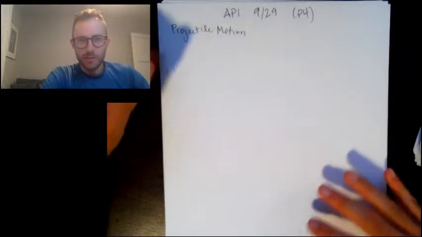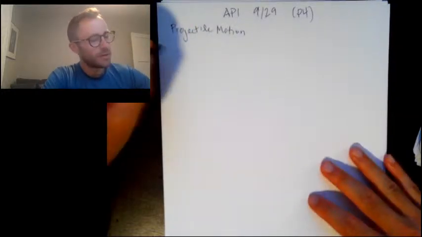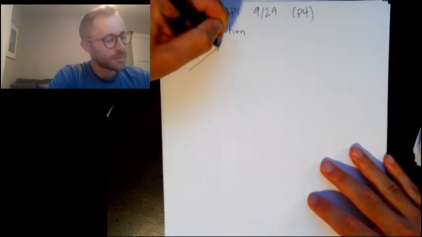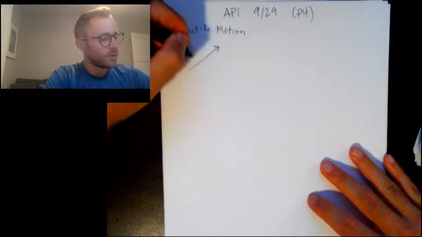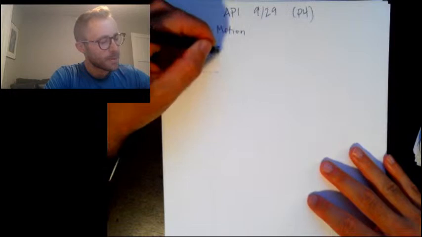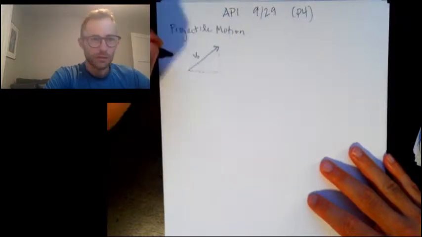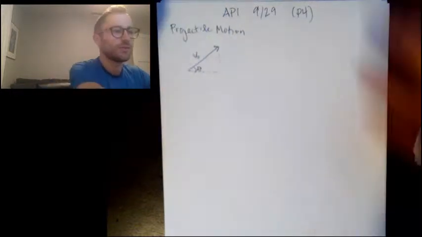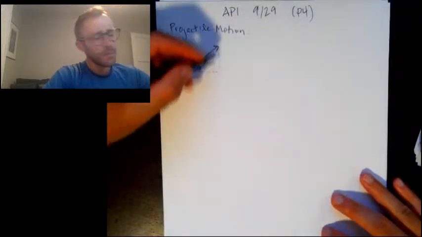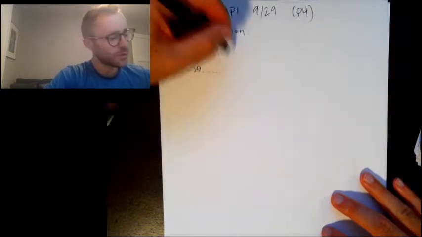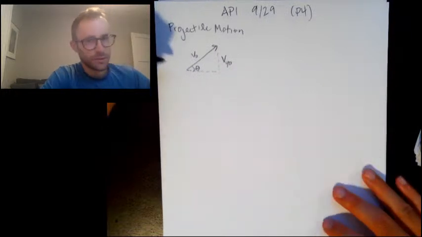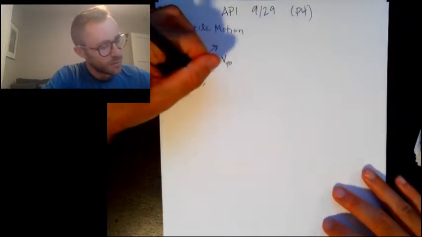We talked about how if you have a projectile that's launched at a certain angle with a certain speed, part of that initial speed is vertical. We called that Vy naught. And part of that initial speed is horizontal. We called that Vx naught.